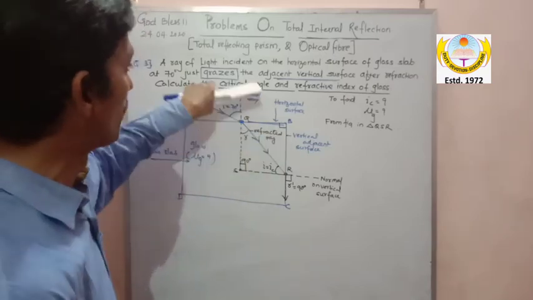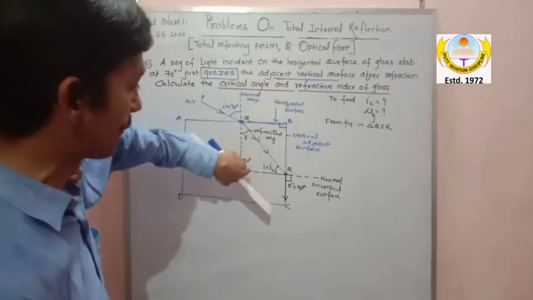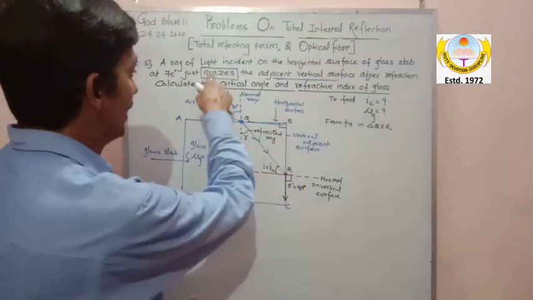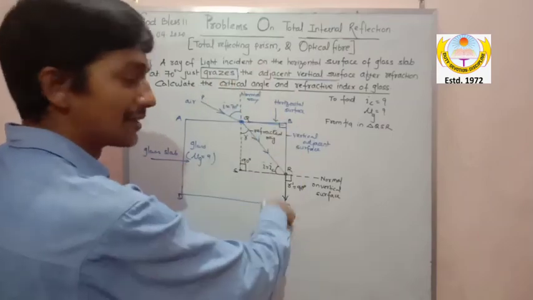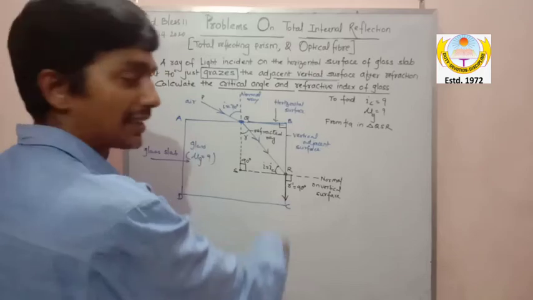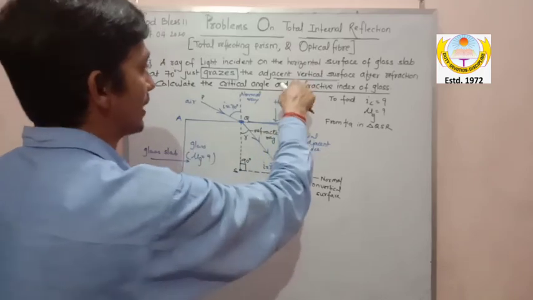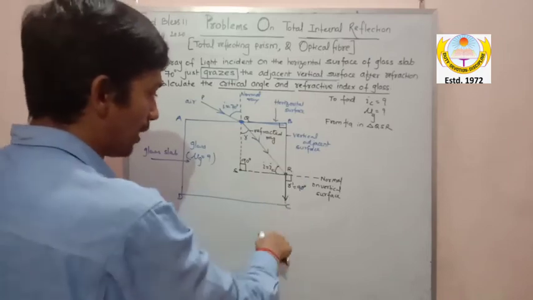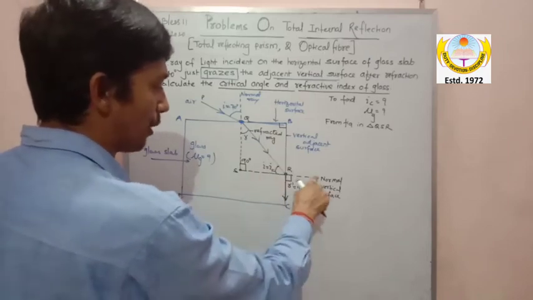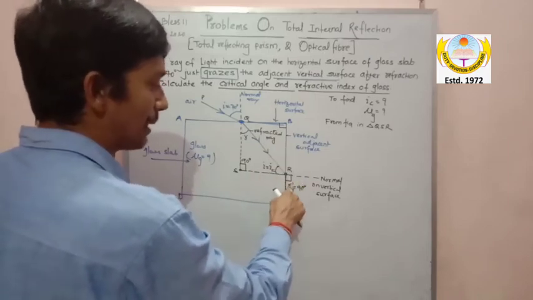The question said that it will fall on the adjacent vertical surface and it will graze. Graze means it will go along the surface, along the vertical surface. So if it goes along the vertical surface, if I draw the normal, then this refracted ray makes 90 degrees.